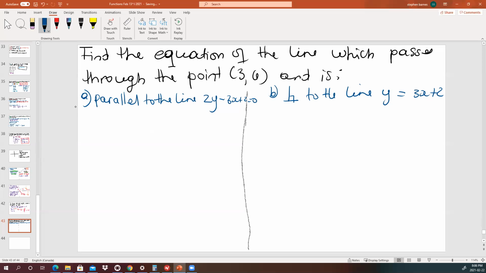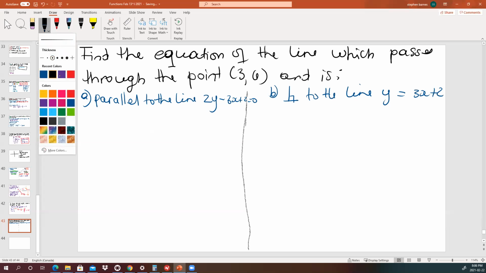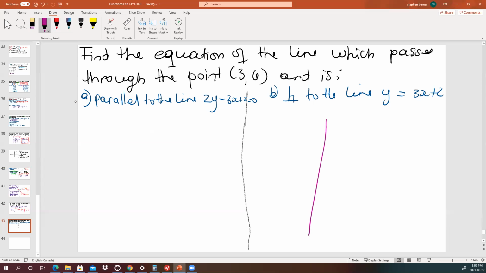So let's look at this question here. It says you need to find the equation of the line which passes through the point 3, 6. For me personally, I am very much a visual learner. You may not be, but I like to always sketch something, just to keep me grounded in terms of what I'm going to do.